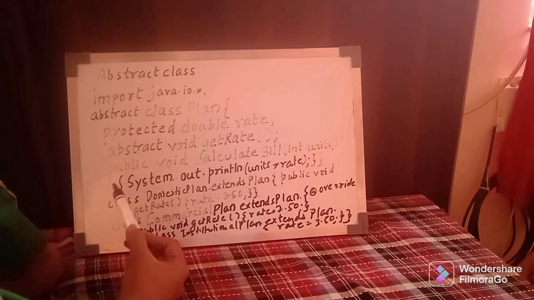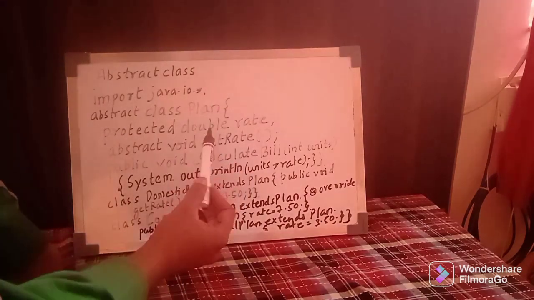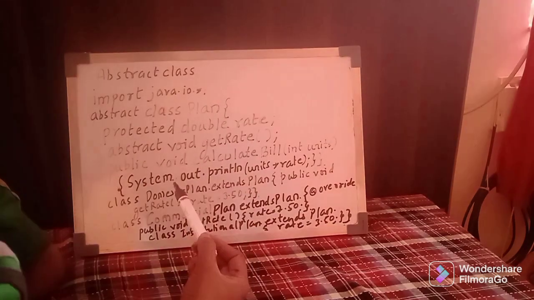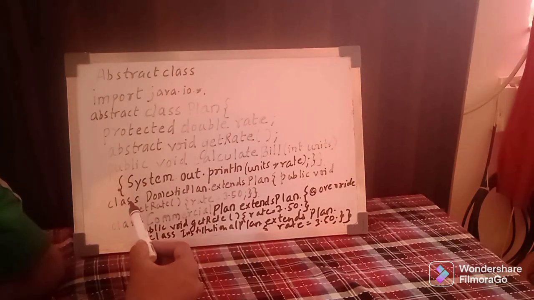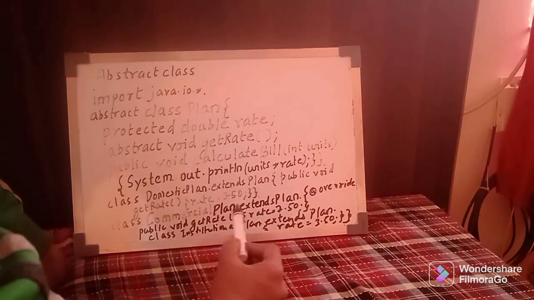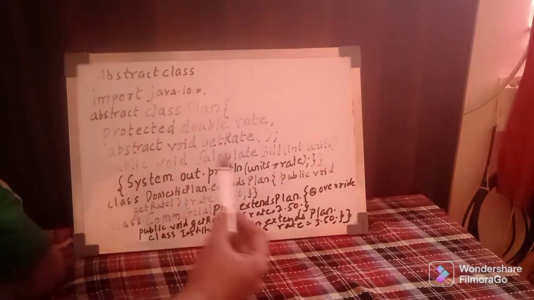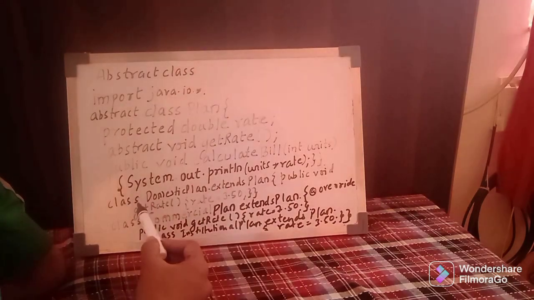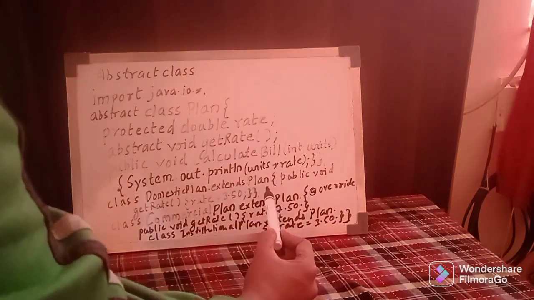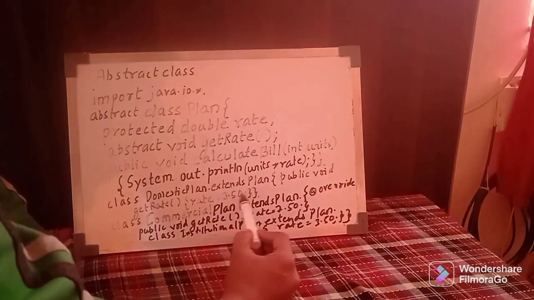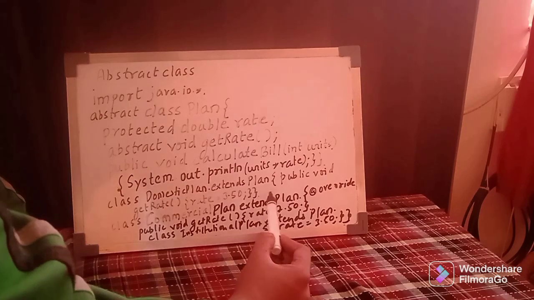So this was the definition of the abstract class plan, which we discussed previously. And these are the three classes, that is the domestic plan, commercial plan, and the institutional plan, which are extending this abstract class plan. The definition of these classes are: class domestic plan extends plan, public void get rate, and rate is equal to 3.50.